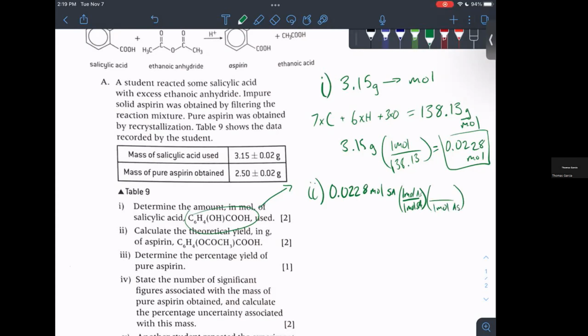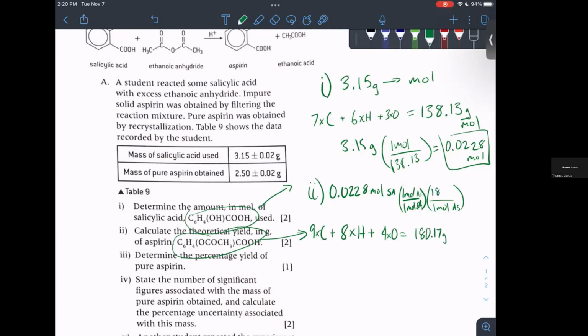And again, we have to do the conversion. If we take this and we measure it out, we see that we have 9 carbon masses plus 8 hydrogen masses plus 4 oxygen masses, which is going to give us a grand total mass of 180.17 grams.